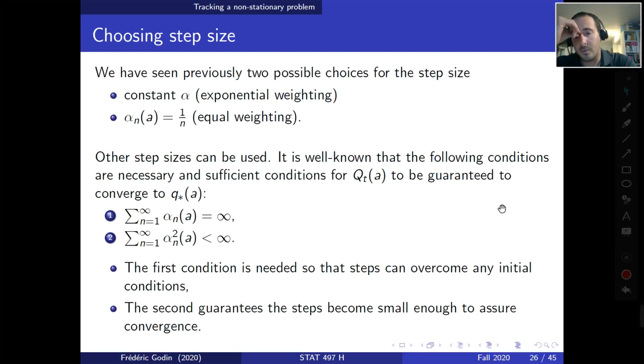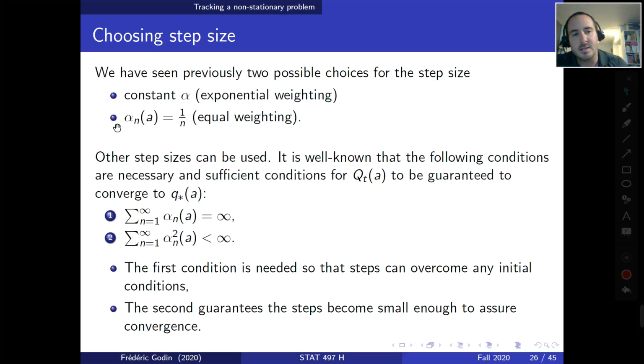So here we have seen two possible choices for the step size in the previous formula to form estimates of the expected reward for all actions. We saw first the option of considering equally weighted rewards to form our estimates of the expected rewards.